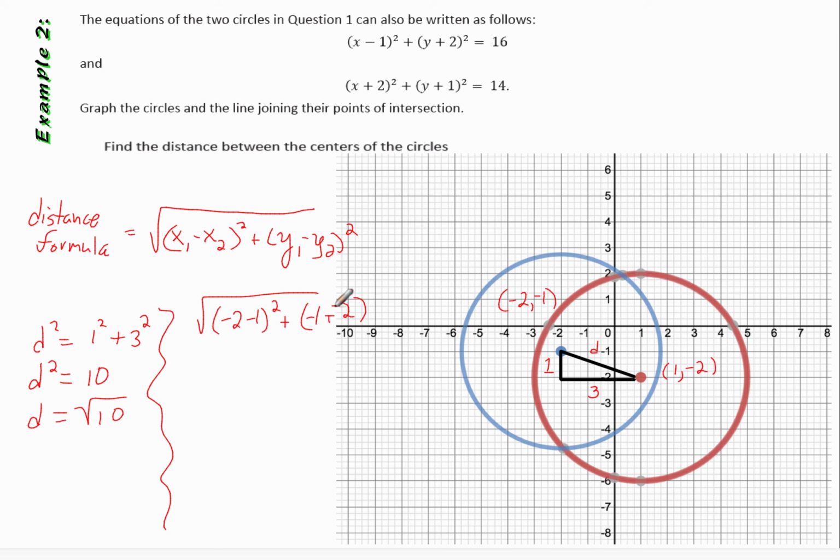Okay, and the opposites. So that is 1 squared. Hey, looks familiar. And that is -3 squared. Hey, looks familiar. 9 plus 1, all under a square root. And we get the square root of 10.